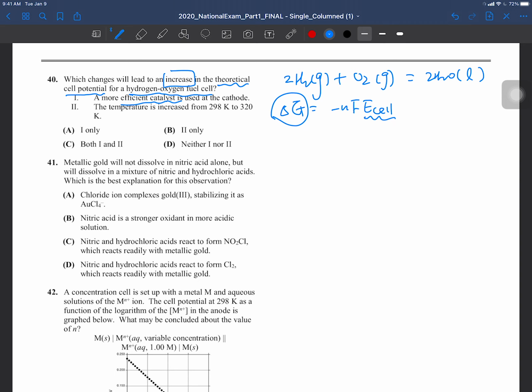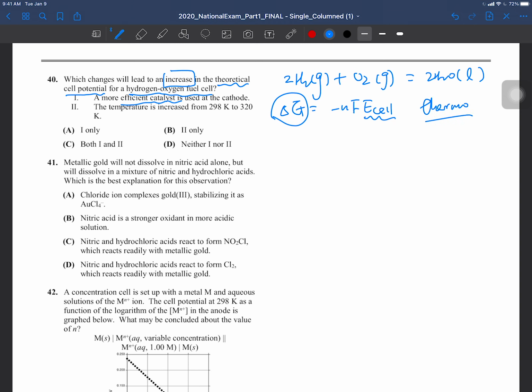Think about it: catalyst is related to kinetics, and delta H, delta S, delta G are all related to thermodynamics. So thermodynamics determines whether the reaction can happen, how far it can go to the right side, whether it is reversible or not, what the equilibrium constant is, and, if it is a battery, what the cell potential will be. All of those are thermodynamics.